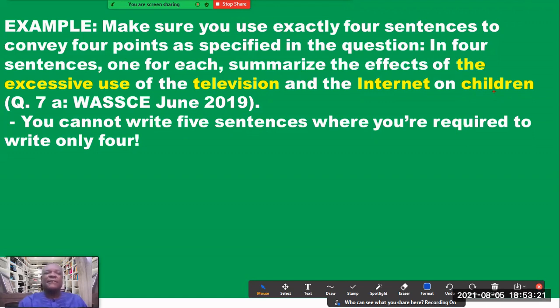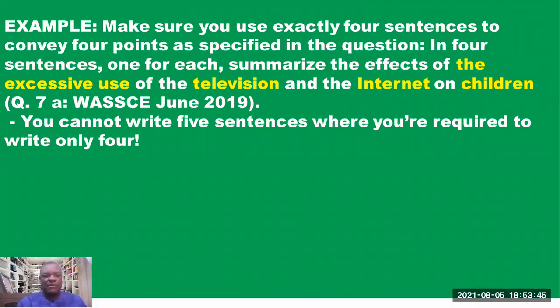So in this case, you cannot write 5 sentences where you are required to write only 4. You must be precise. 4 sentences mean 4 sentences, not 5 or 6 or more. All right. So precision is important. You must be precise.